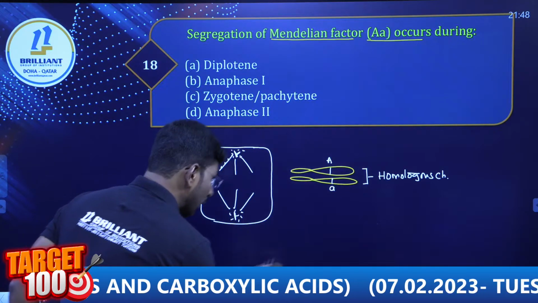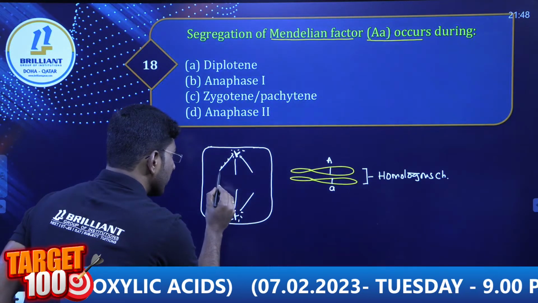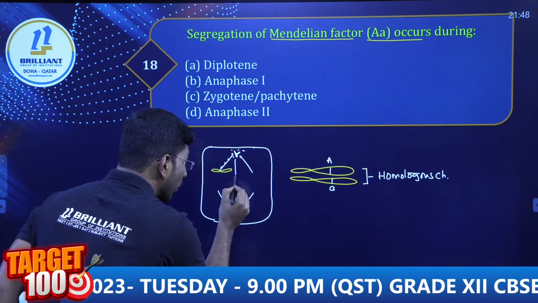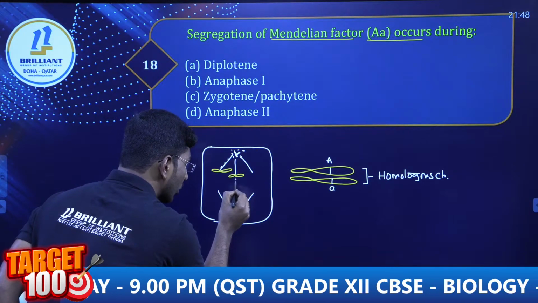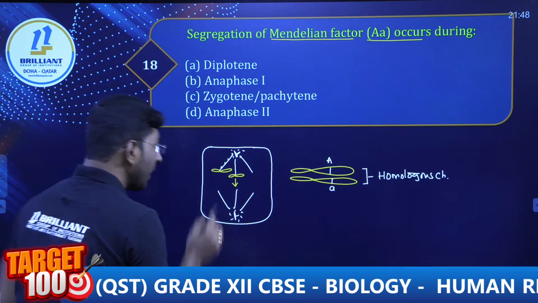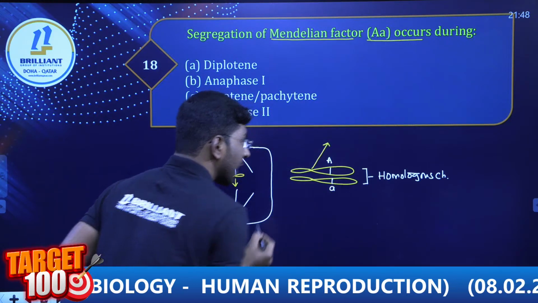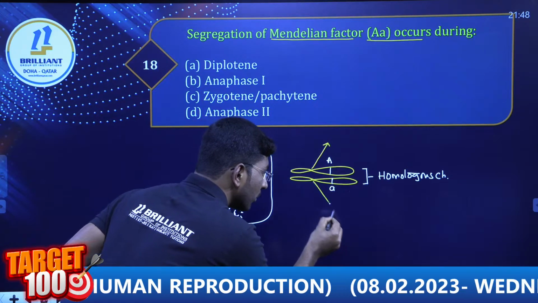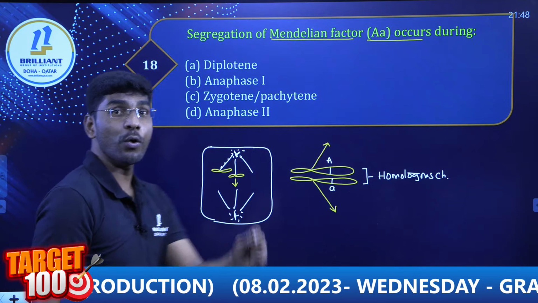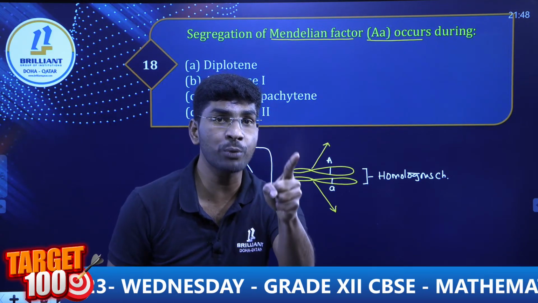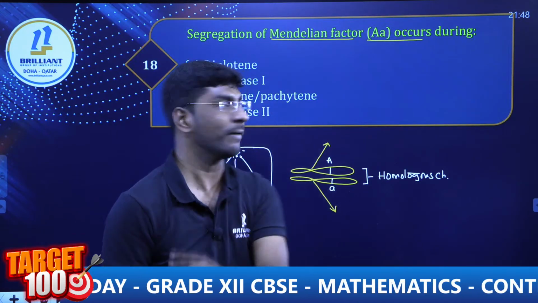So what happened now? Look at here carefully. This chromosome, this is a homologous chromosome here, right? And whatever the next homologous chromosome is, this homologous chromosome started to segregate here. That means out of these two chromosomes, one chromosome goes to one pole, the other chromosome goes to the other side. Homologous chromosome separation in anaphase 1 of meiosis 1.